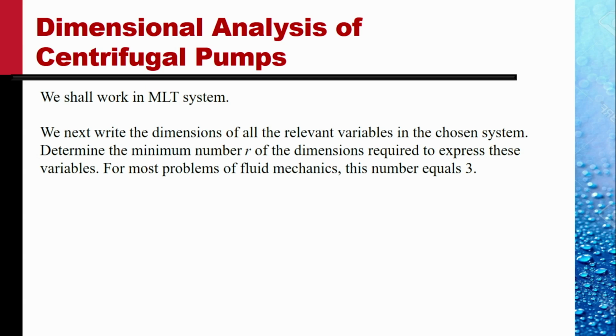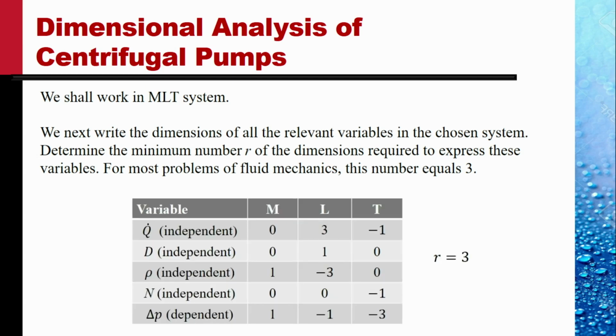MLT is the system that we use, so 3 variables are used. So the 4 independent parameters and the dependent parameter delta P, the dimensions we have written here in the M, L and T system. The value of r or k is 3 here.